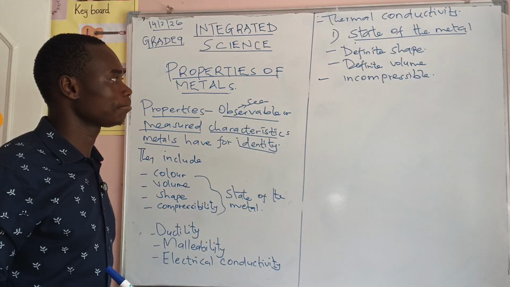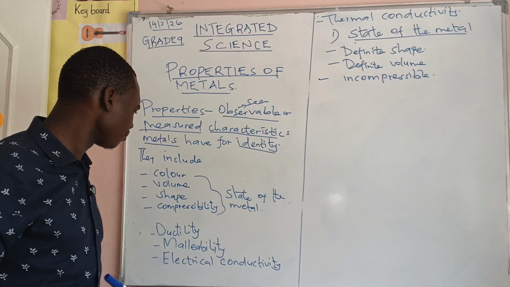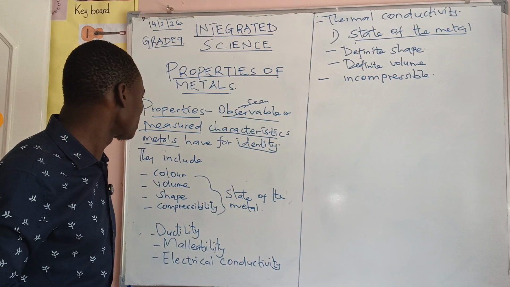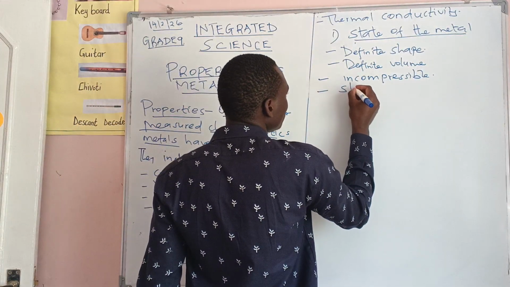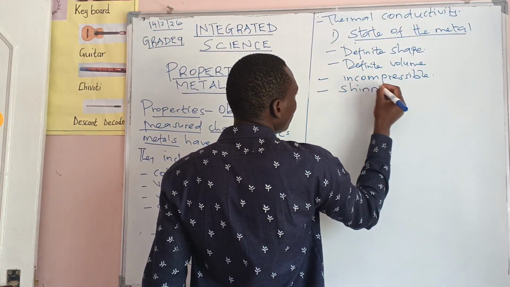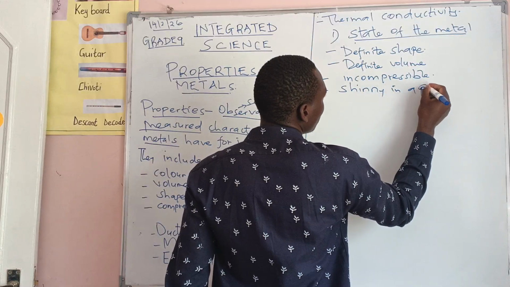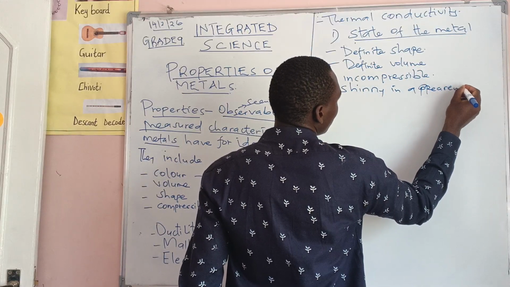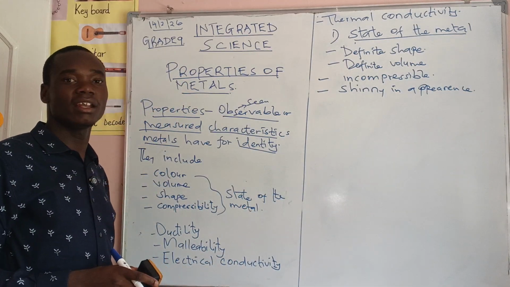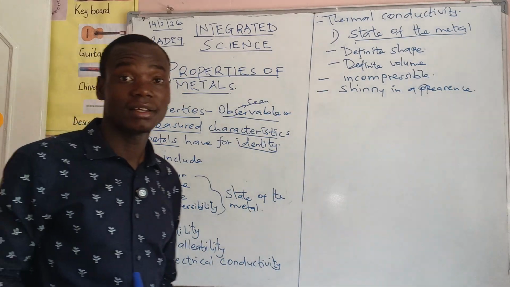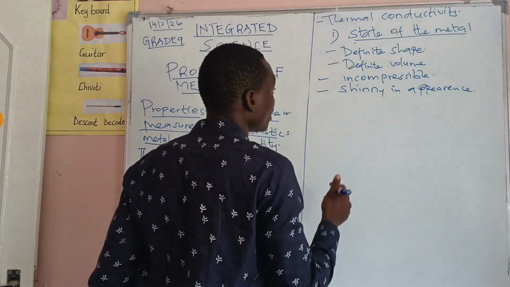From there, we can conclude that metals are also shiny in appearance. They are not dull. They are shiny.